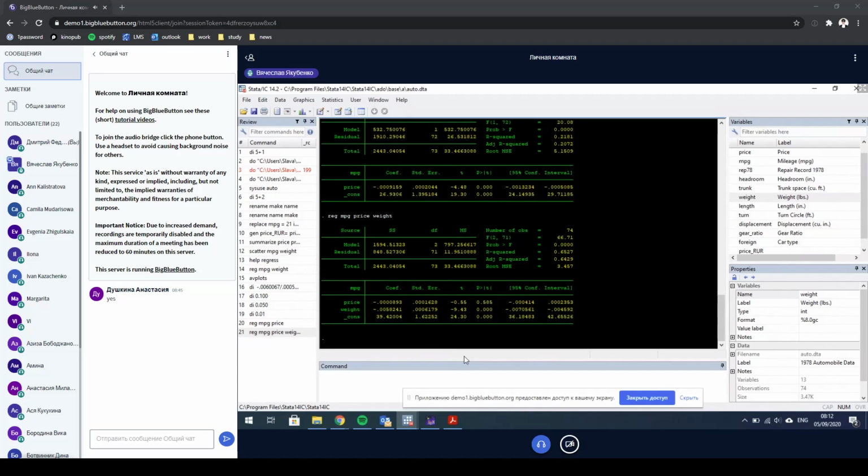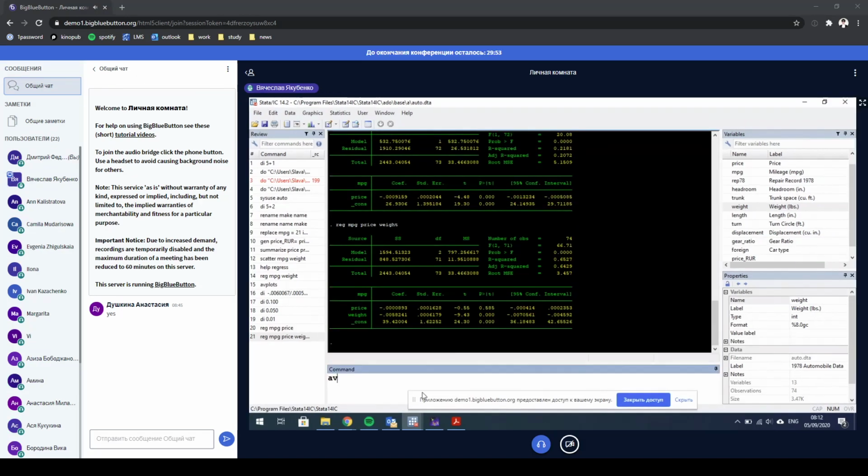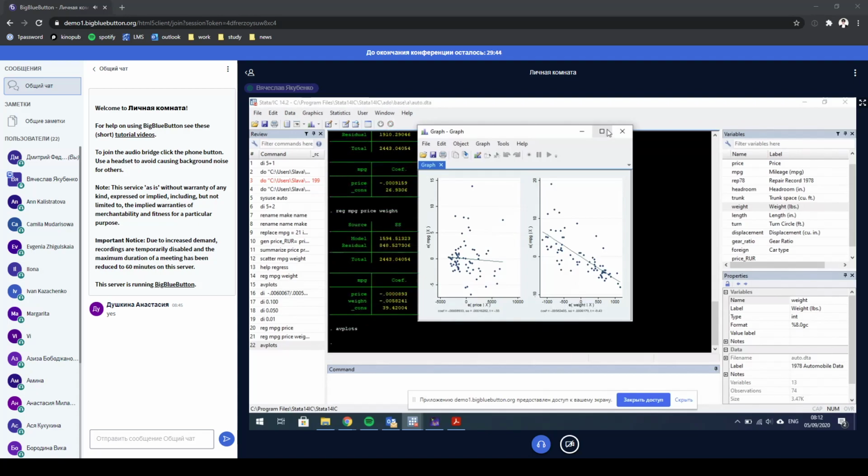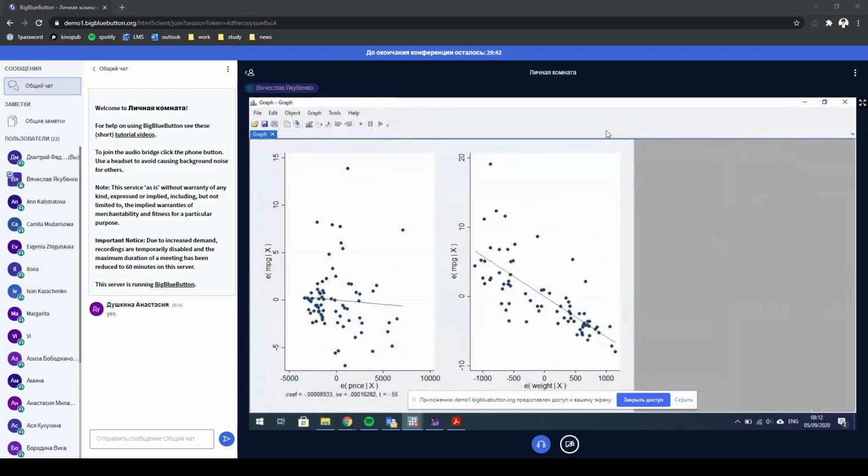All right, we can look at the graphic representation of these regressions. Here on the left-hand side we have price and its effect on MPG.